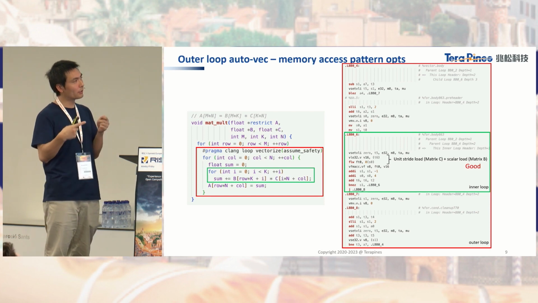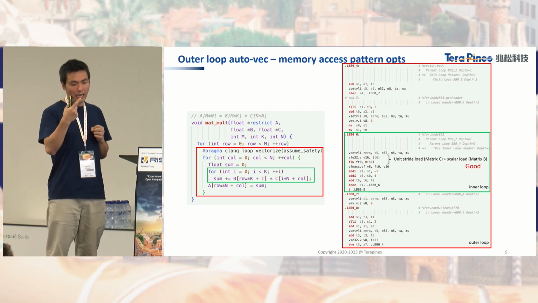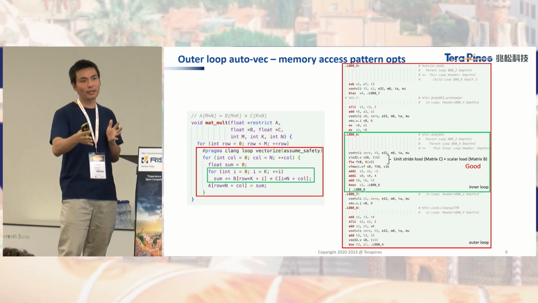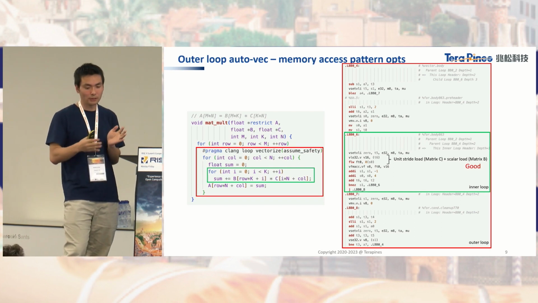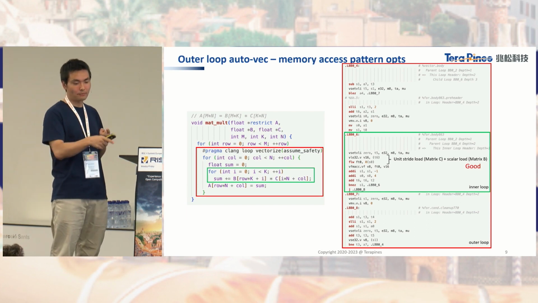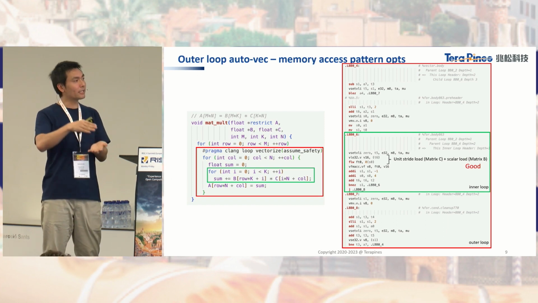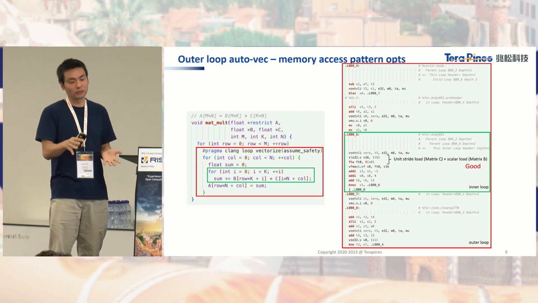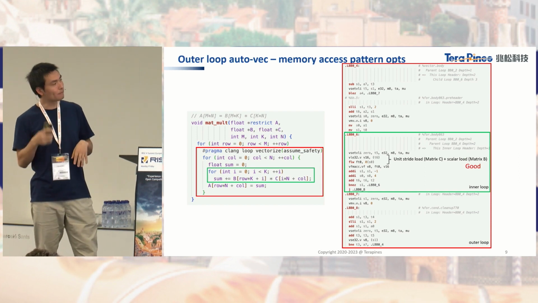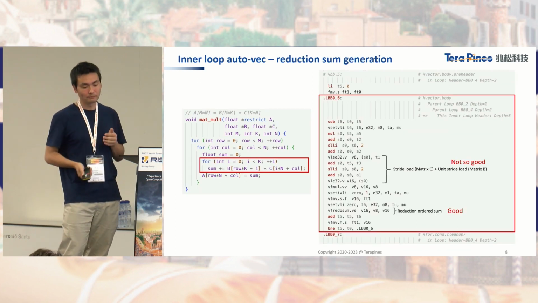From the screenshot on the right side, we can see the strided memory node has been turned into a unit-stride memory node. That can benefit your AXI or a DDR controller. And the original unit-stride memory node has been turned into a scalar node for matrix B. So the memory access pattern is changed a lot for outer loop vectorization, and this kind of optimization can greatly improve the performance against just the inner loop one.